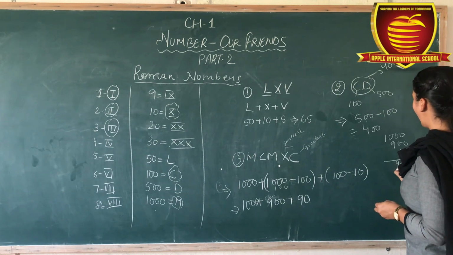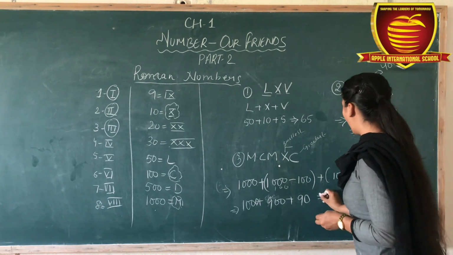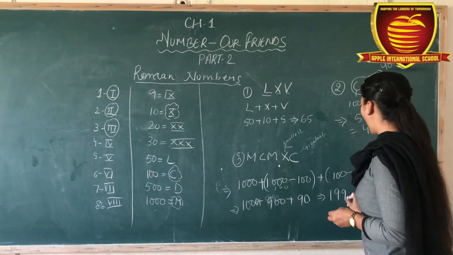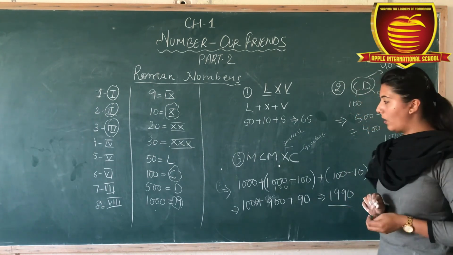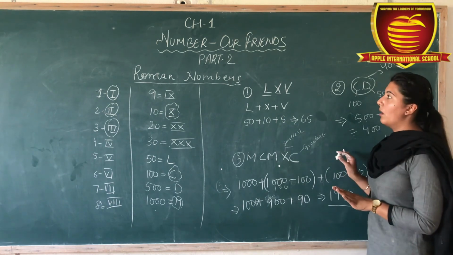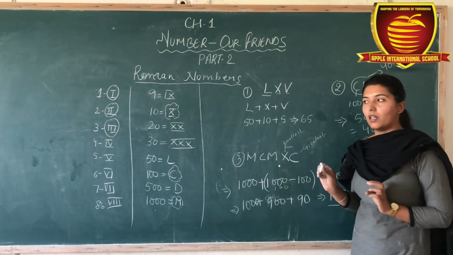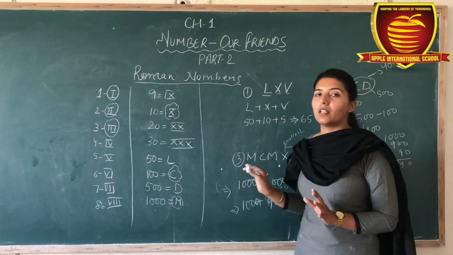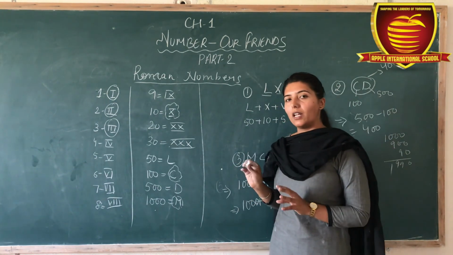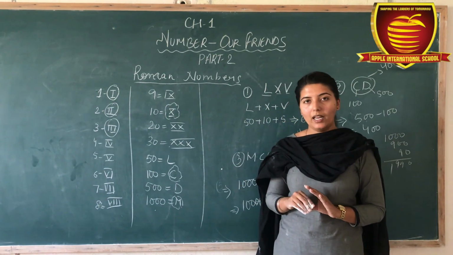So this number becomes 1990. Okay. This is all about your chapter number 1. If you have any doubt, then we will discuss that doubt in our classes. Okay. Thank you.